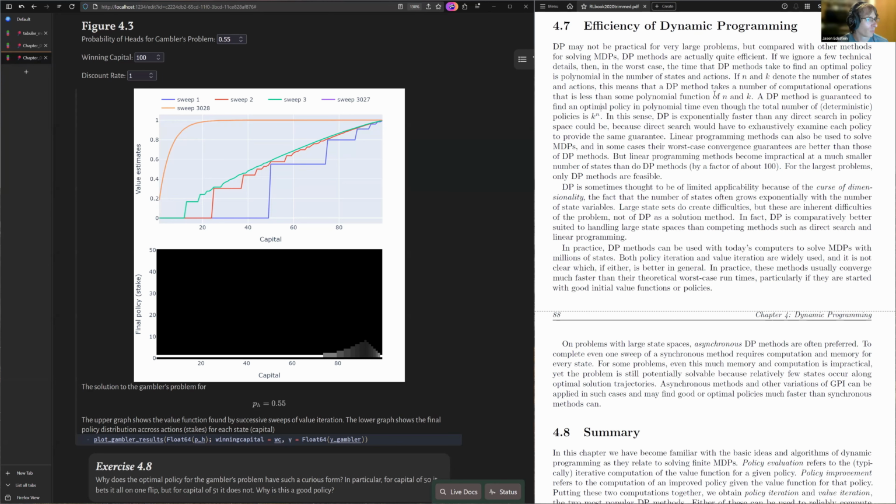A sweep through the policy space or through the trajectory space would be completely impractical, even for a simple problem like this. That's one of the reasons why these techniques are so much better than other ways you could solve these problems. It's quite efficient, since it's only polynomial time in the number of states and actions.